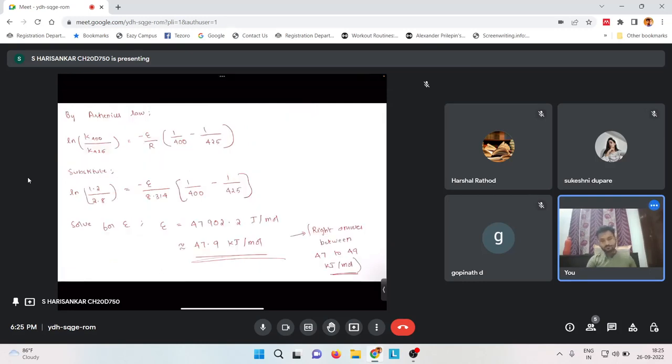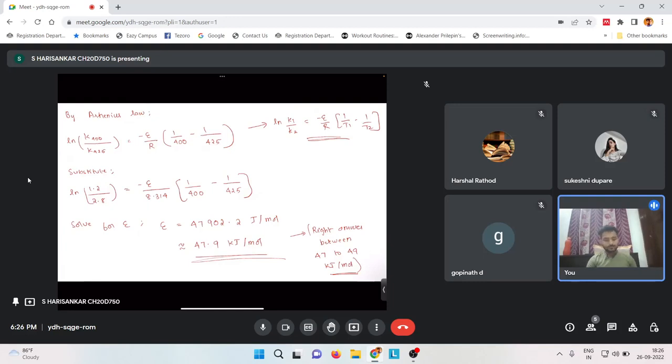So by Arrhenius law, ln of K1 by K2, or here to avoid confusion I have written it as K 400 Kelvin by K 425 Kelvin, is equal to minus E by R into 1 by 400 minus 1 by 425. Okay, so this is basically the form ln K1 by K2 equals minus E by R into 1 by T1 minus 1 by T2. So we saw that this is the general equation for Arrhenius law. We just substituted all these values in this equation.